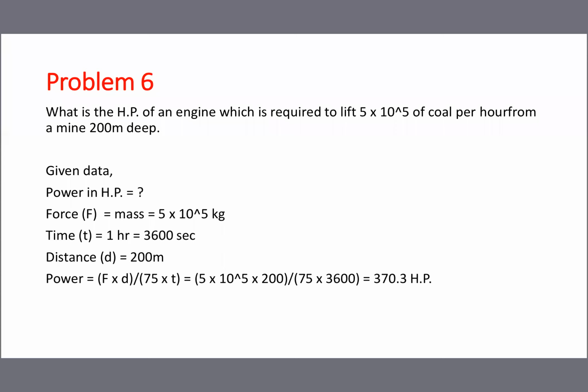The unit conversion is very, very important, because the formula is derived according to this unit only. 3600 seconds. Then distance 200 meters given. Just apply the formula FD by 75 T. F value 5 into 10 power 5, and D value 200, divided by 75 into the time 3600. So the HP is 370.3 HP we are getting.